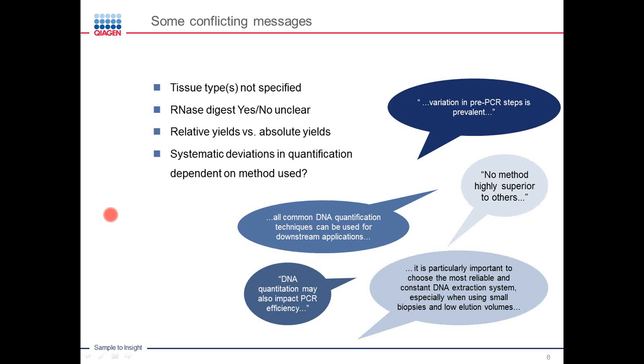In some of these papers, yields were not given as absolute yields but as relative yields, which raises certain questions, like what is the exact amount and what technology was used for quantification. My main takeaway is that we had a lot of questions, and we wanted to investigate what the title of this presentation says: assess where variation in DNA quantities measured comes from.